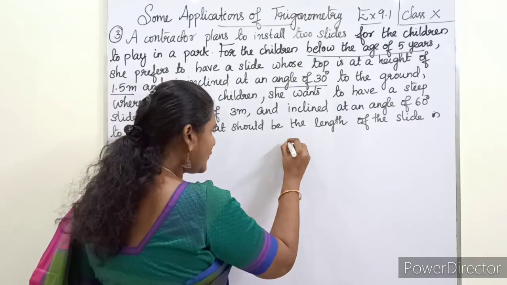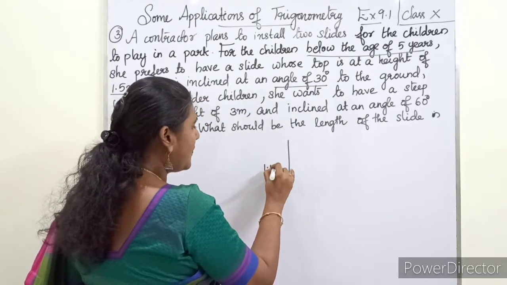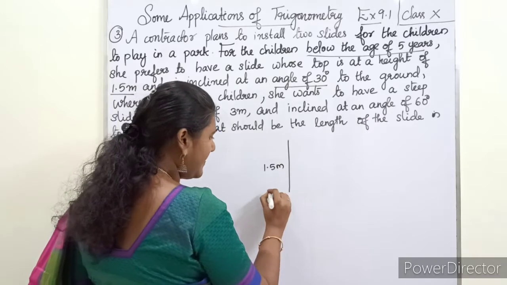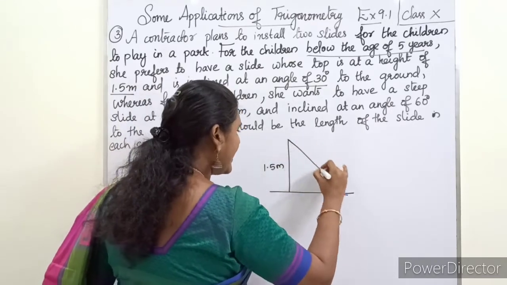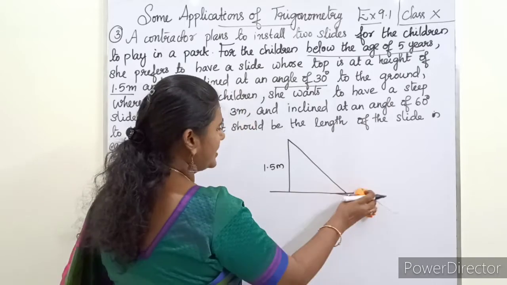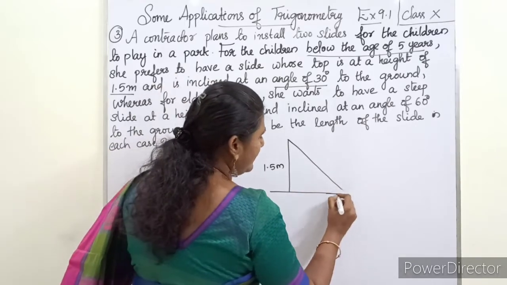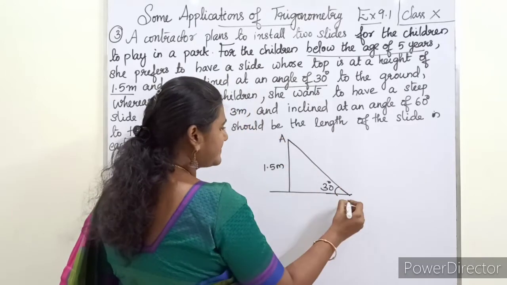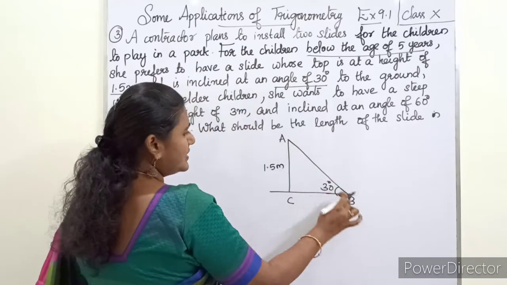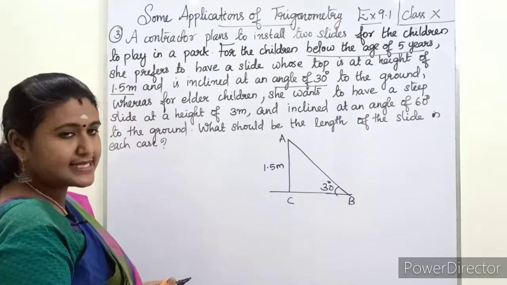So first we will draw the first slide. This is 1.5 meter height from the ground, and here the angle is 30 degree from the ground. So this is the slide. So AB is the slide.